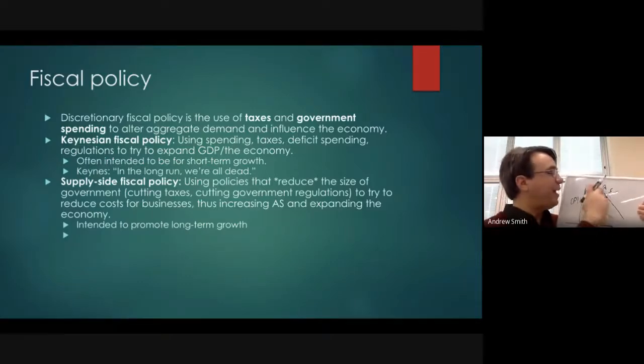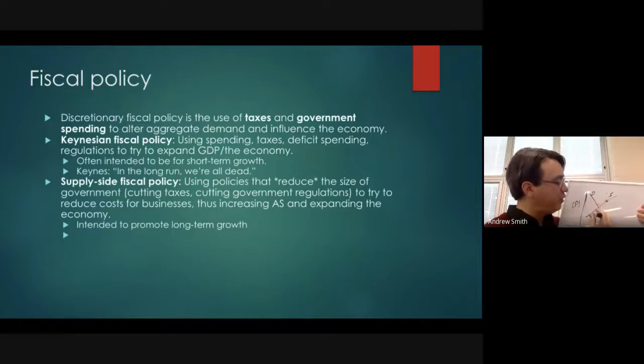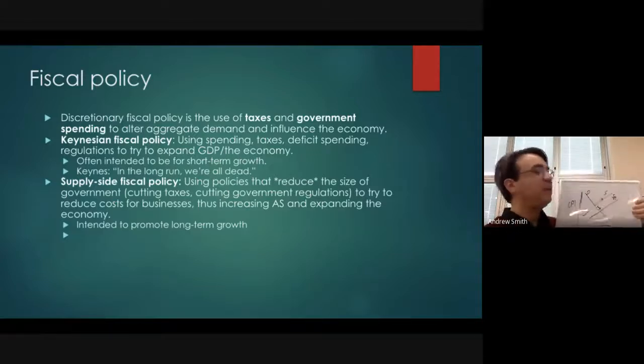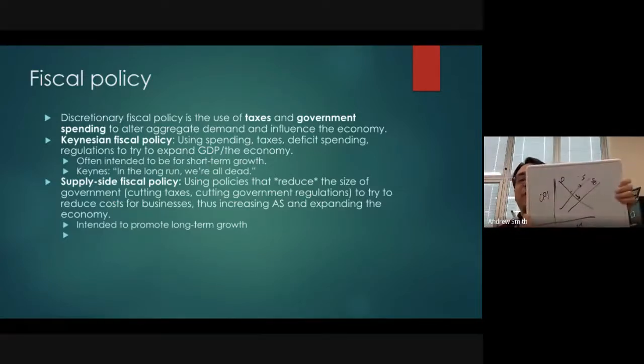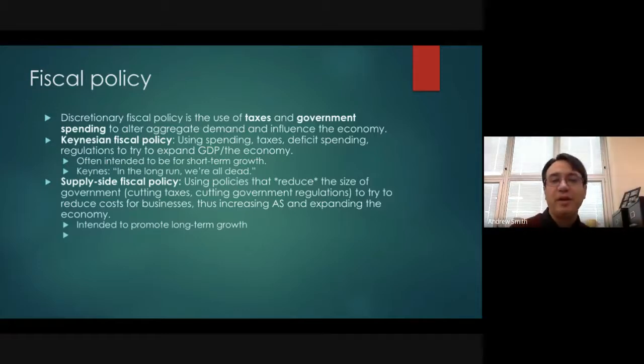Okay, supply side fiscal policy tries to do the opposite. What it is trying to do is move the aggregate supply curve to the right. Okay, it's trying to increase supply and influence the economy by doing those things.